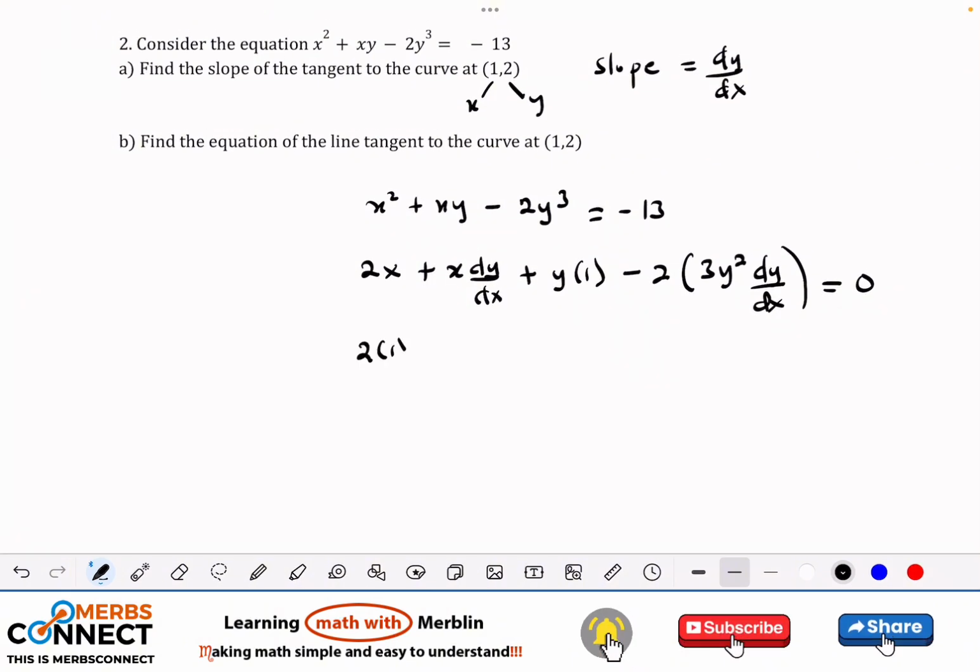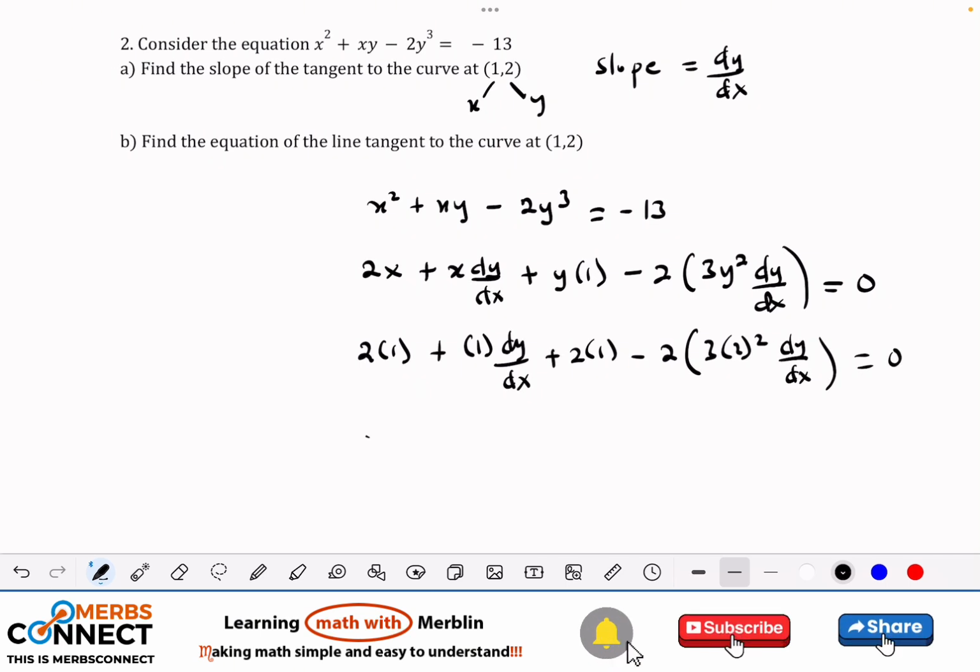This is going to be 2 times 1 plus 1 dy over dx plus, this is y, y is 2, times 1 minus 2 open bracket 3, y is 2 squared dy over dx, which is equal to 0.